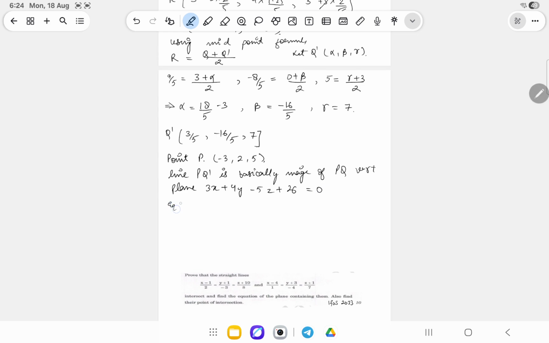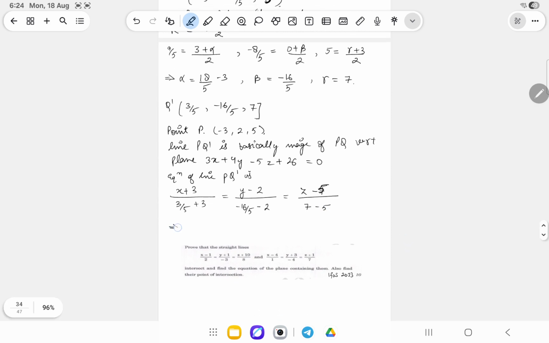So the equation of line PQ dash is (x plus 3) upon (3 by 5 plus 3) equals (y minus 2) upon (minus 16 by 5 minus 2) equals (z minus 5) upon (7 minus 5).